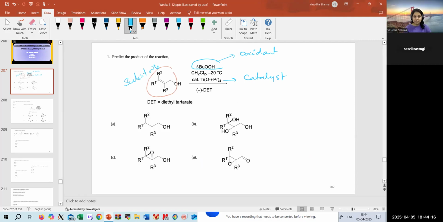And here you are using a minus DET configuration of diethyl tartrate, which is your chiral system. In the presence of an oxidant and an allylic alcohol, and a titanium catalyst, this is nothing but epoxidation.